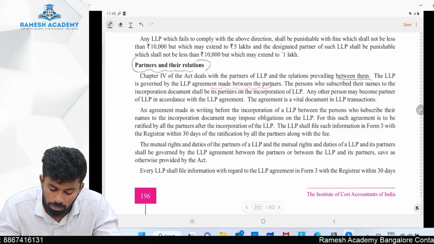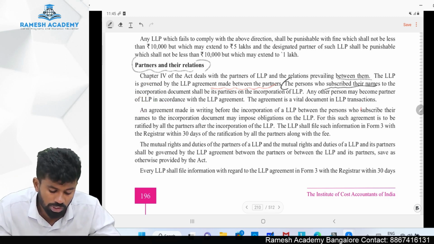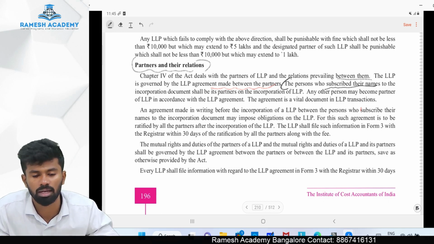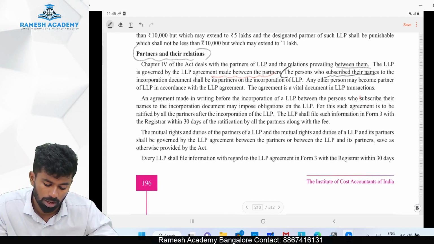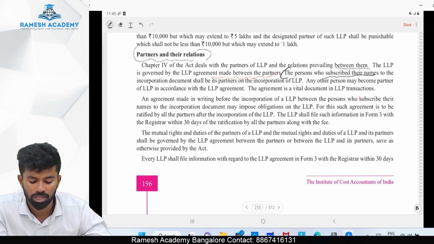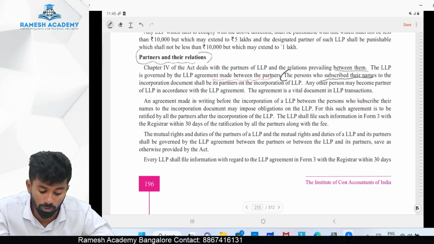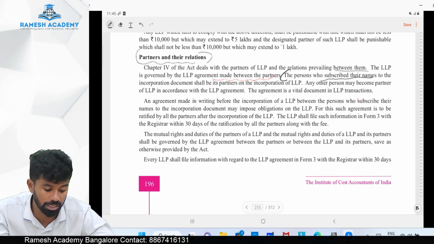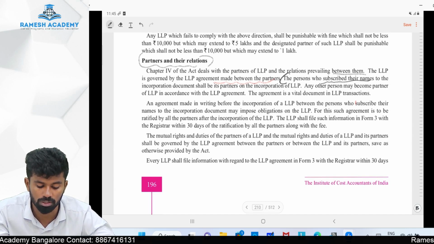The persons who subscribe their names to the incorporation document shall be its partners on the incorporation of the LLP. So one who has signed will be considered as what? Considered as partners. The agreement is a vital document in LLP transactions. An agreement made in writing before the incorporation of the LLP between the persons who subscribe their names to the incorporation document may impose obligations on the LLP.